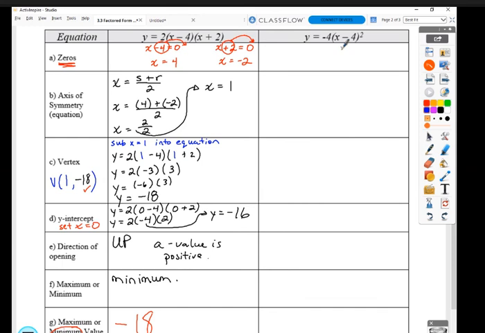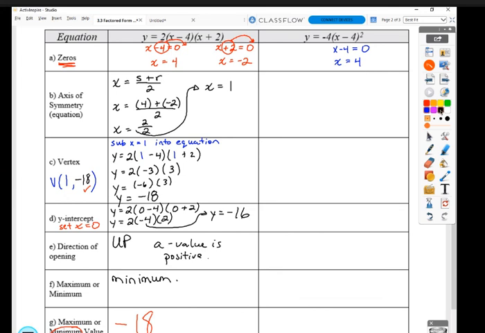So we're going to take the 1 x value that we have here, which is x minus 4, and we're going to make it equal to 0 to solve for the zero. And when we bring that negative 4 over, we get positive 4. There's only one zero right there. It's at positive 4.